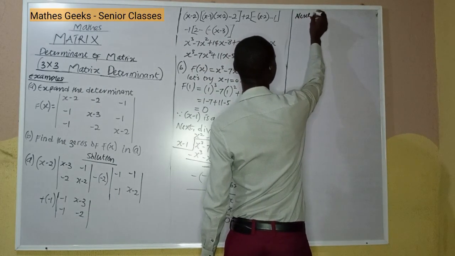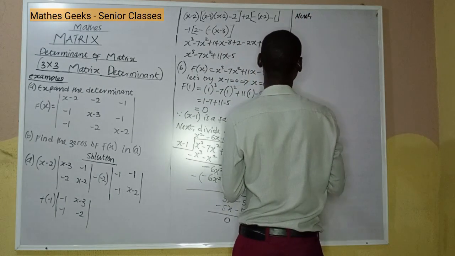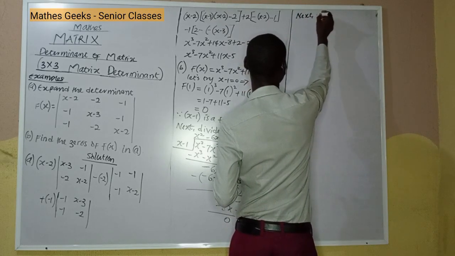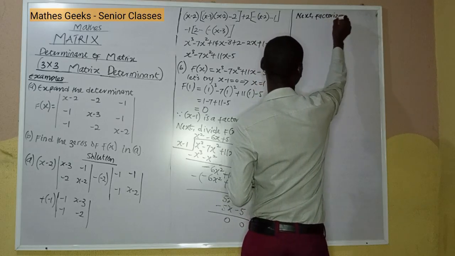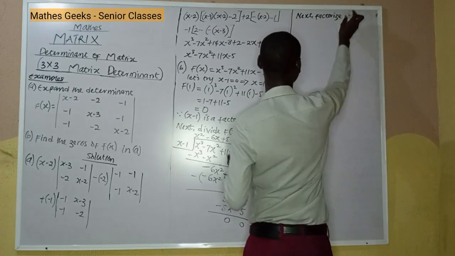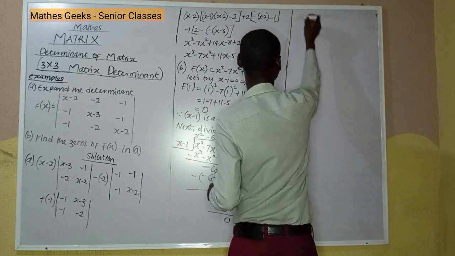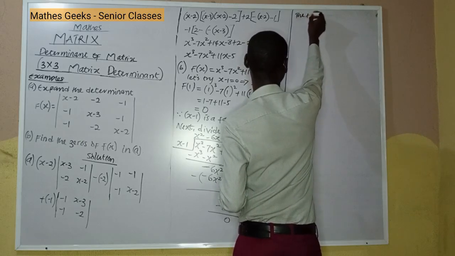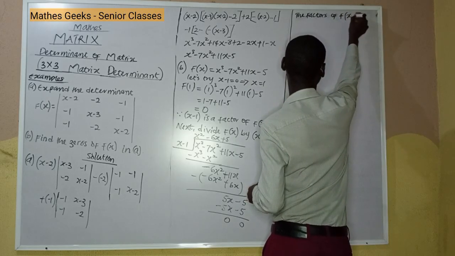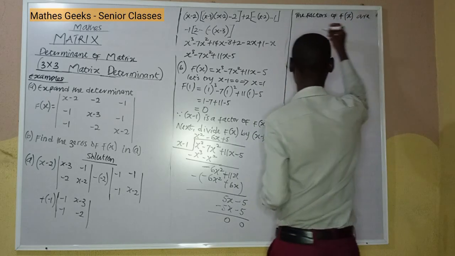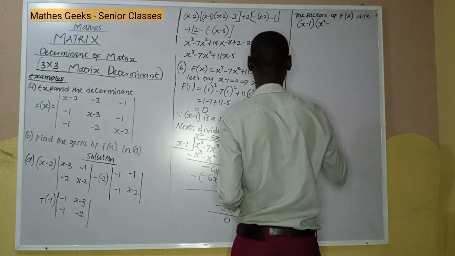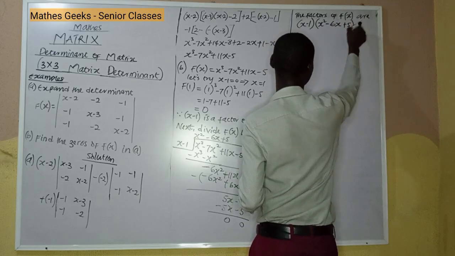Next, factorize the quadratic expression of this other factor. Therefore, we can say the factors of f(x) are x minus 1 and x squared minus 6x plus 5.